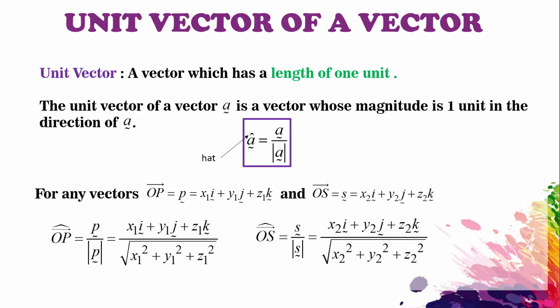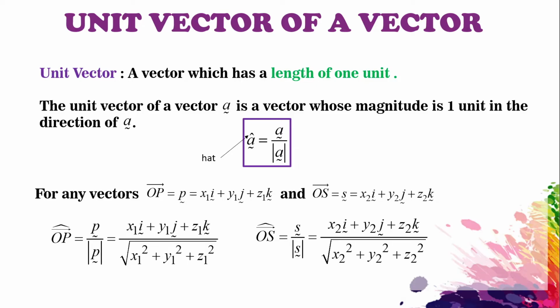Unit vector of a vector. In general, a unit vector is a vector which has a length of 1 unit. By basic definition, the unit vector of a vector A is a vector whose magnitude is 1 unit in the direction of A. As you can see inside the purple box, the unit vector of a vector A is denoted by lowercase letter a with a hat.